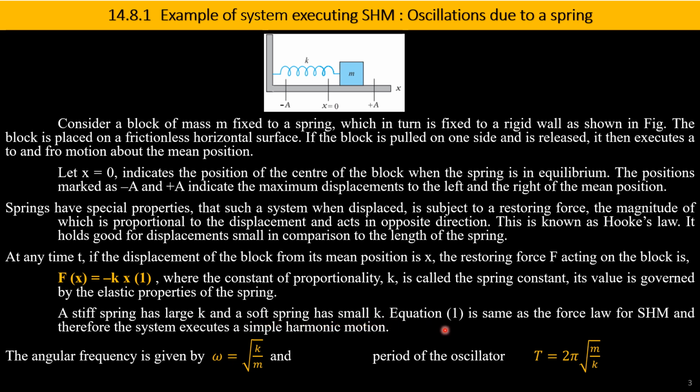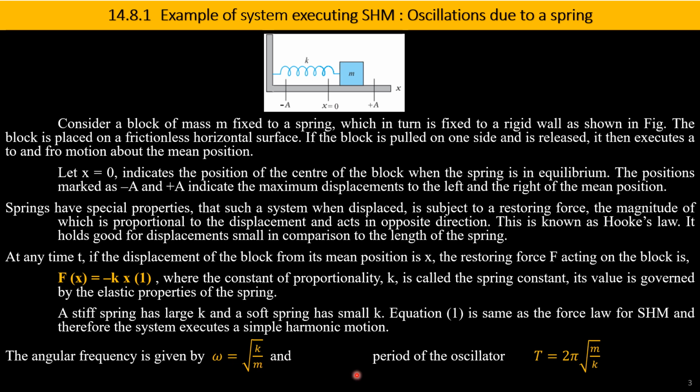Equation 1 is the same as the force law for simple harmonic motion and therefore the system executes simple harmonic motion. The angular frequency of the spring is given by the relation omega is equal to square root of k by m, where omega is the angular frequency, k is the spring constant and m is the mass of the block as shown in the figure.